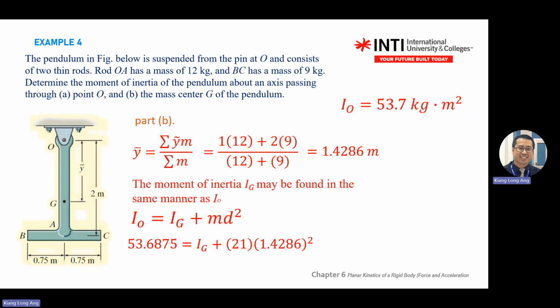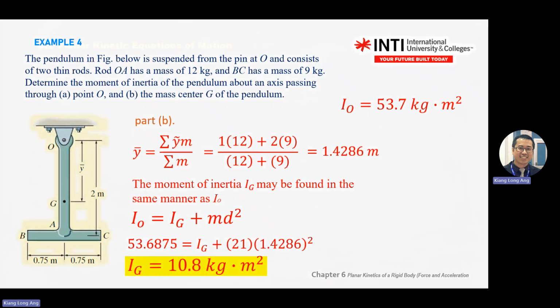M is 21. This IO is the whole object. The whole object equals Ig plus MD square. M is the total mass. D is the Y bar. Then Ig equals 10.18.